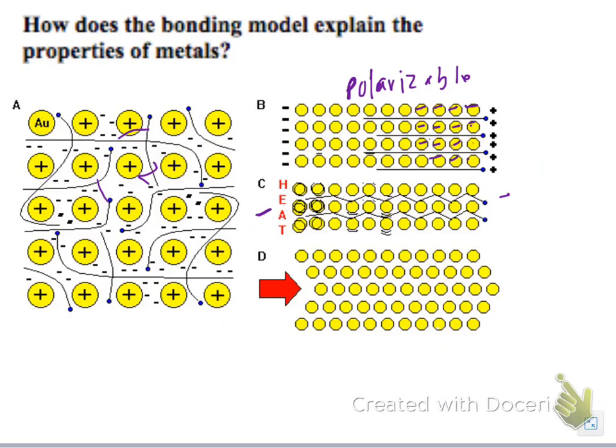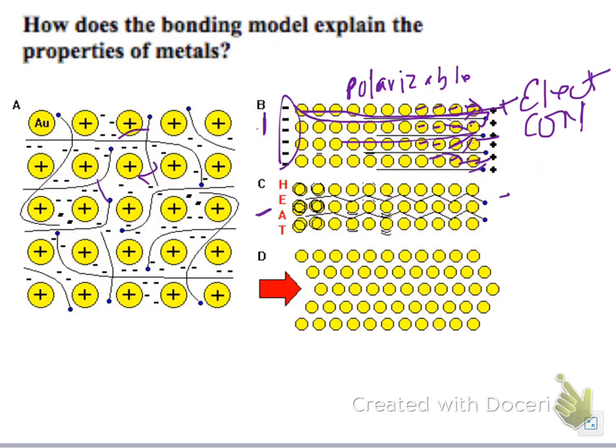But if I were to put, let's say, the positive end of a magnet close to that metal, the electrons on this side are going to shift towards that positive charge, and there's going to be a high density of electrons near the positive. Just like if I were to put the negative side of a magnet here, it's going to push the electrons away. So this movement of the electrons is what makes it electrically conductive.